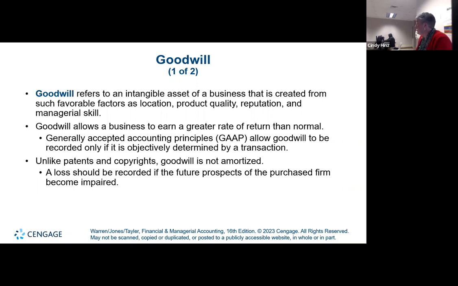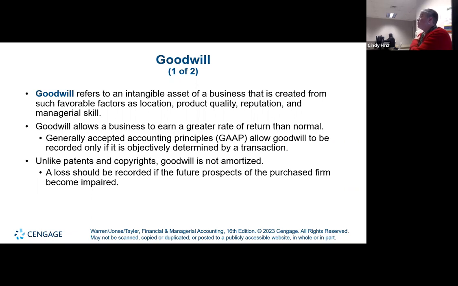That he has a customer list, he has loyal customers who order from him every Thursday night or whatever. And so that's what goodwill is. It's the extra amount that you're willing to pay over and above the fair market value.